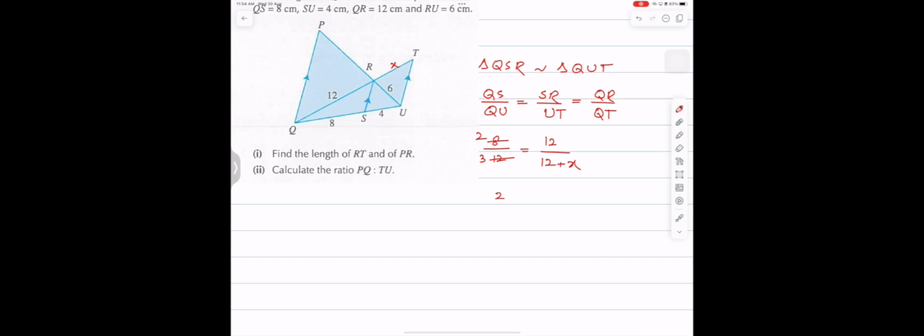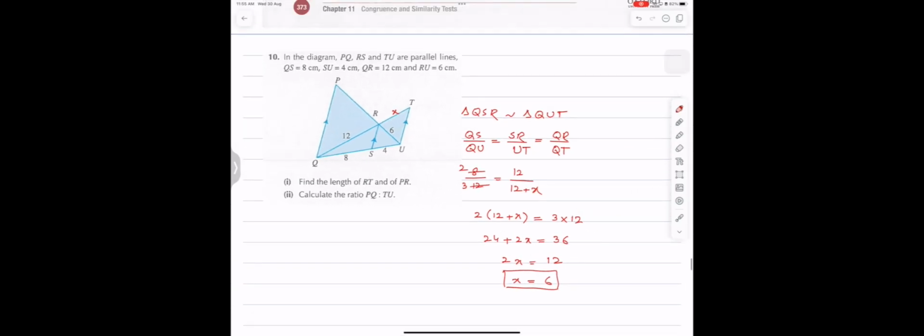Now you will do cross multiplication, and this is 2 into 12 plus X is equal to 3 into 12, which is 24 plus 2x is equal to 36. Now you can subtract 24 from both sides. And this is the value of x.